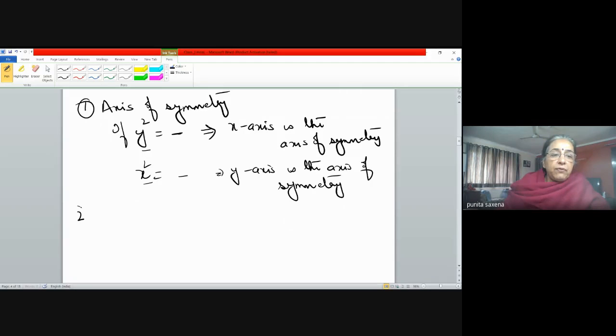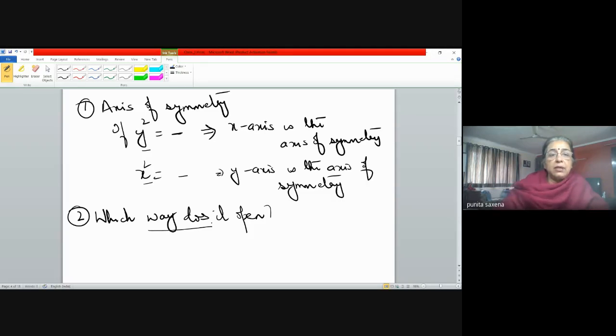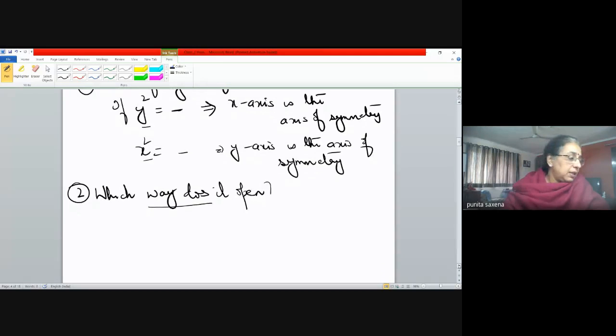Once you have identified the axis of symmetry, the next thing we look for is which way does the parabola open? Left, right, up, down. That is the next thing we check. Okay, where is it going to open? Which direction is it going to open?